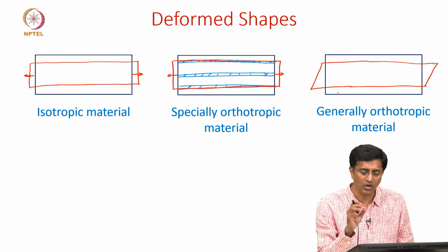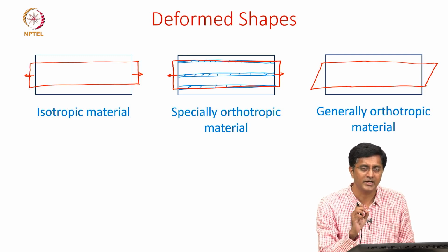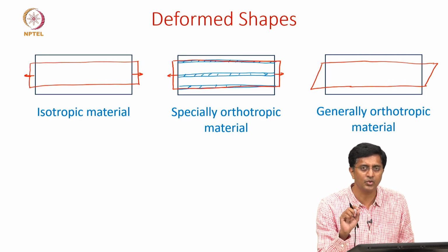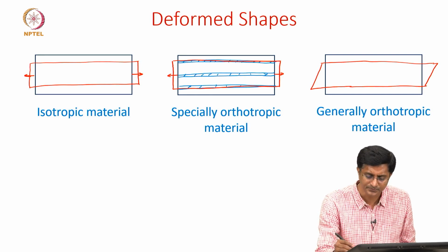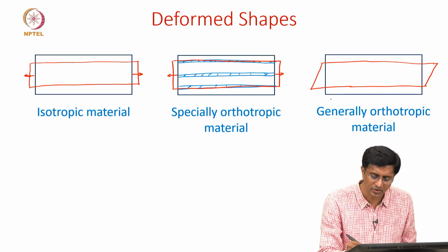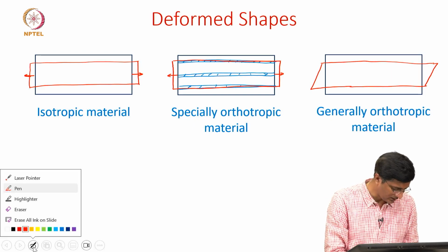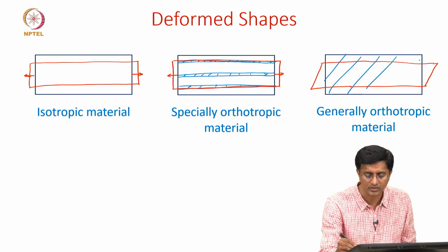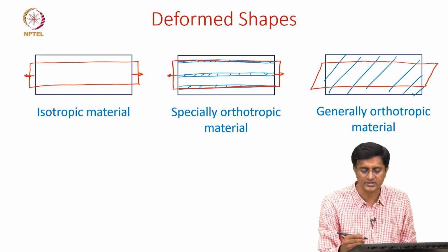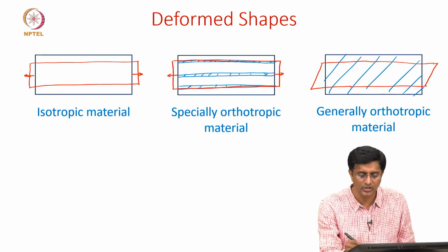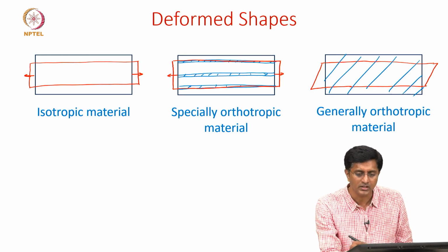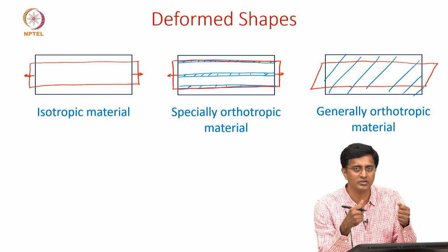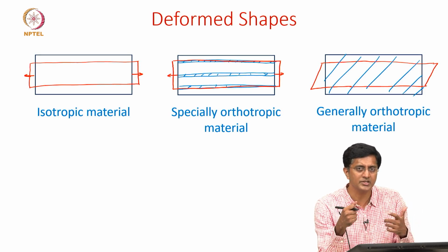Because now we have this extension shear coupling coming from the Q16 bar and Q26 bar terms. So this is for the generally orthotropic laminate, and just for completion, we will say this is a laminate with off-axis fibers. Here, in addition to the extension and normal strains along the directions x and y, it also has the shear strain.